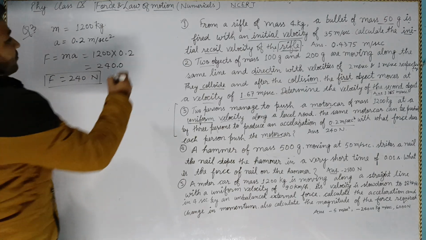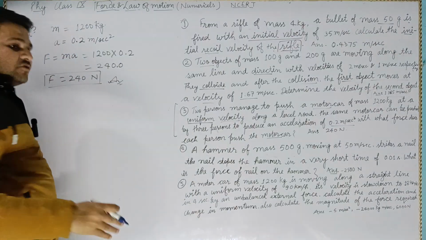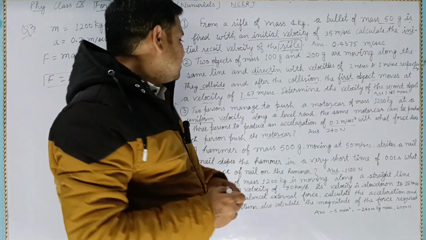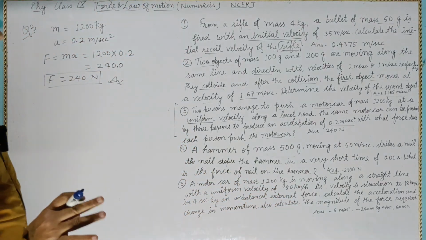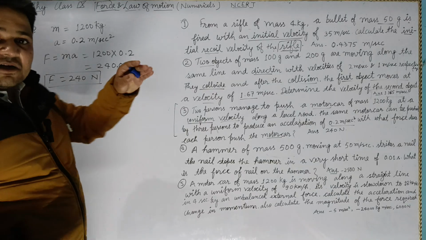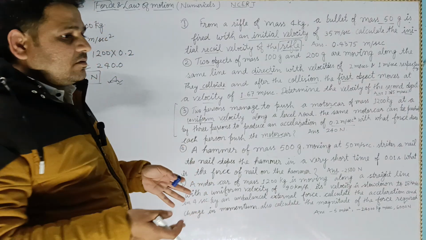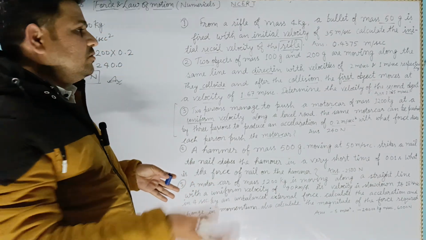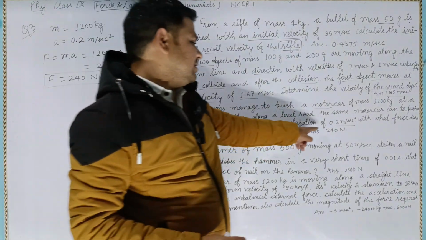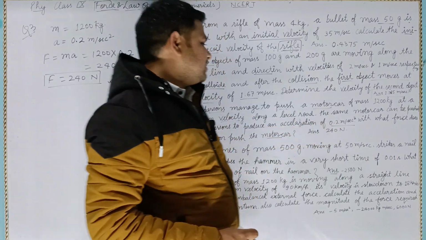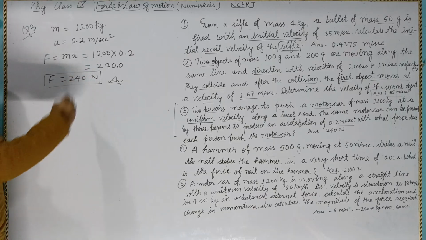Because when two persons push the motor car, it is not accelerated. But when the third person came and pushed with the first two, it gained an acceleration of 0.2 meter per second squared.